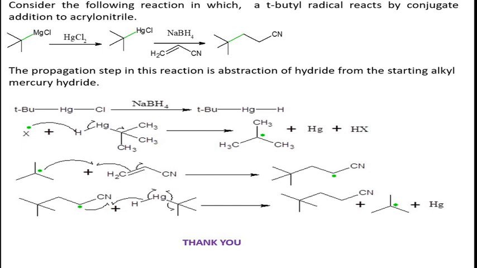gives us a product. The mechanism of this reaction is shown below. Tertiary butyl mercury halide is reduced with sodium borohydride. Chlorine is replaced by hydrogen.